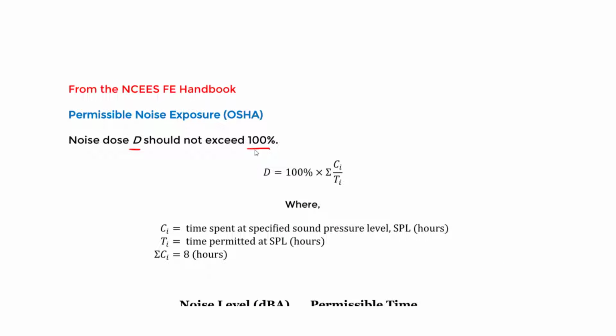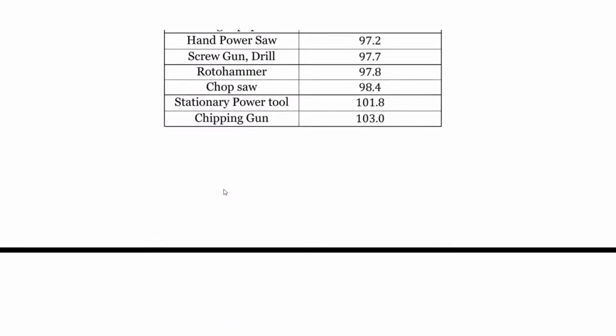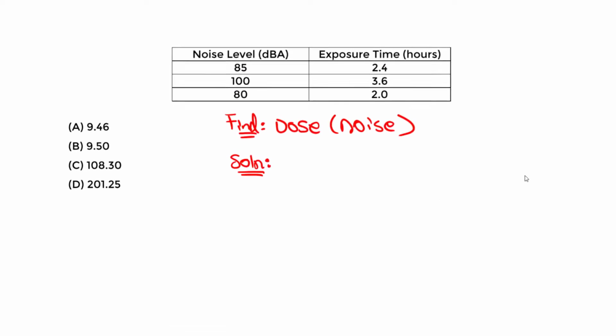So going back to this, I want to apply the equation and use it to solve the question here. Let's write the equation. D equals 100% times the summation of CI divided by TI.